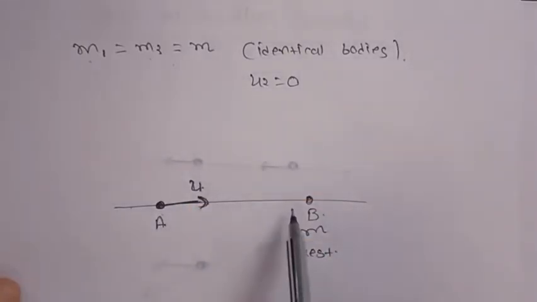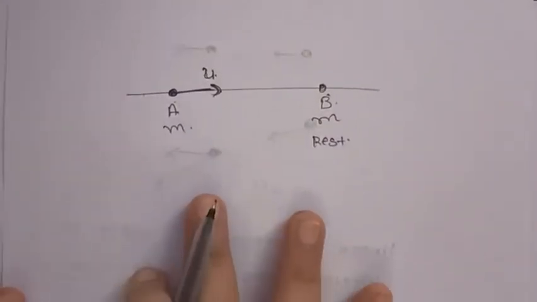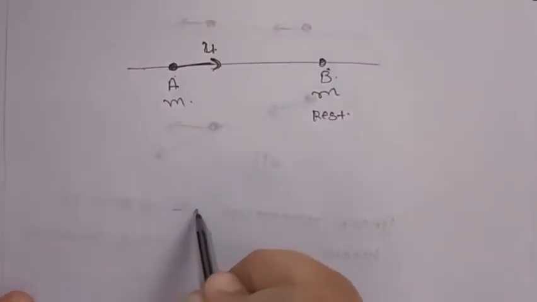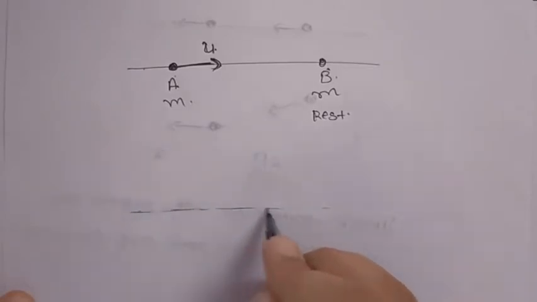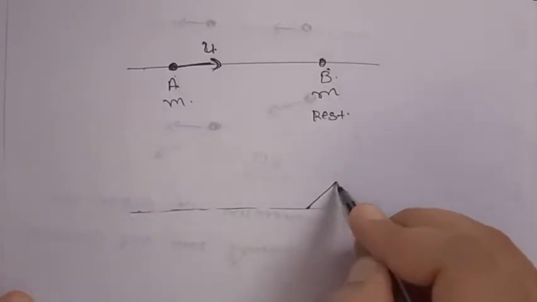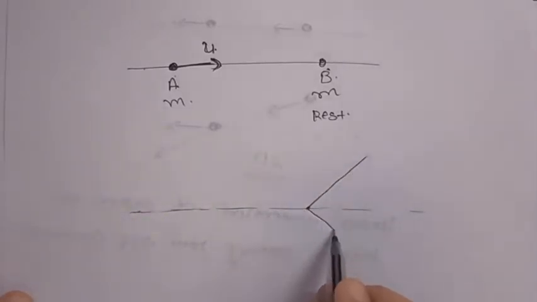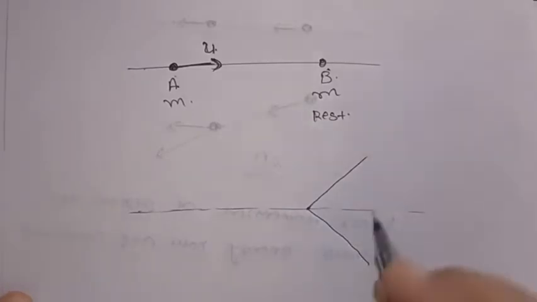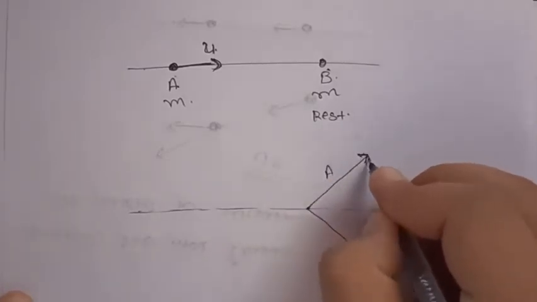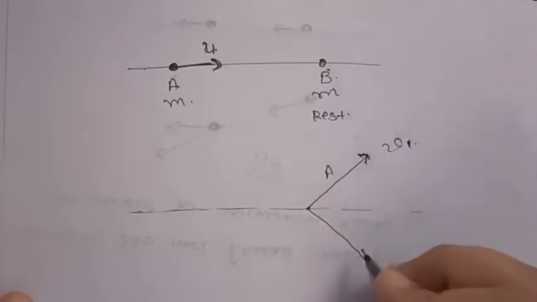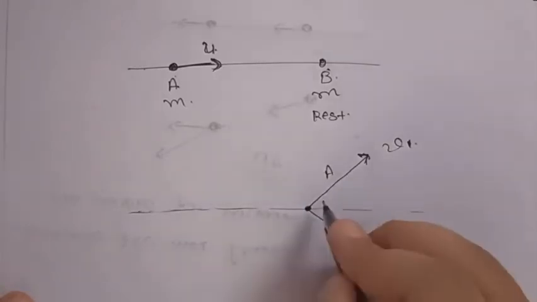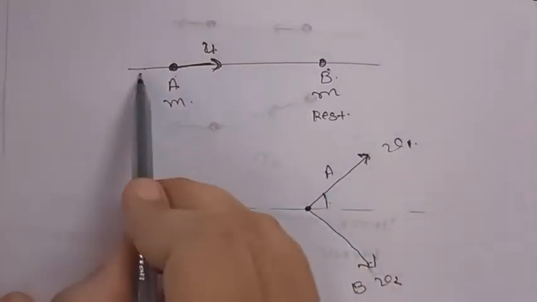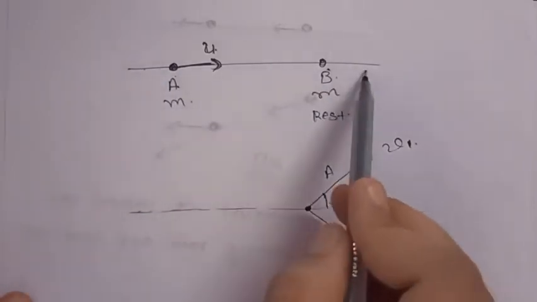Now this body A hits body B, A having the same mass m, and after collision the situation will be like this: A is moving in this direction with speed v1 and B is moving in this direction with speed v2. Let's say this is the initial line of motion.